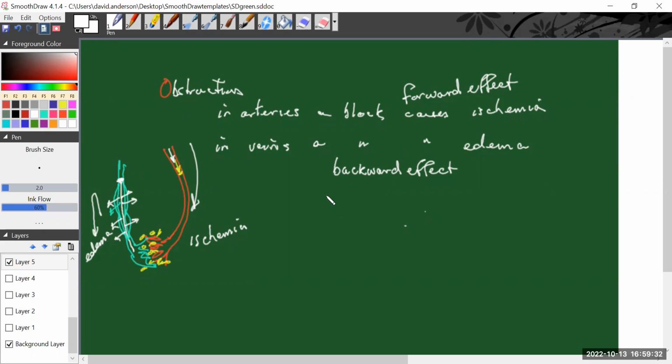So what do we call an obstruction in a blood vessel? A general term for an obstruction is called a thrombus. So a thrombus can happen either in a vein or an artery, but basically it's a situation where there's a stationary blood clot within a vessel. So in an arterial thrombosis, we're concerned about ischemia. In a venous thrombosis, we're concerned about edema.